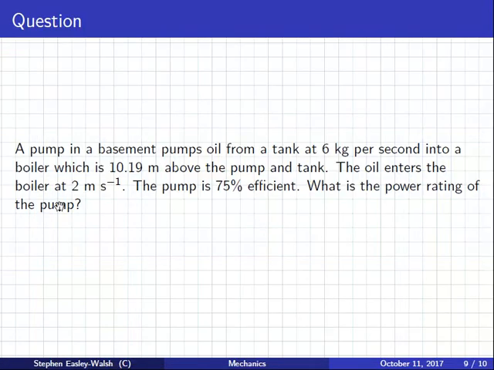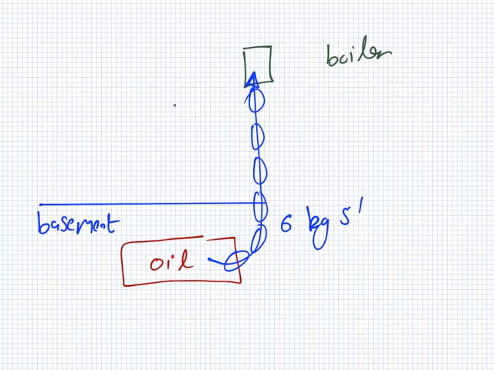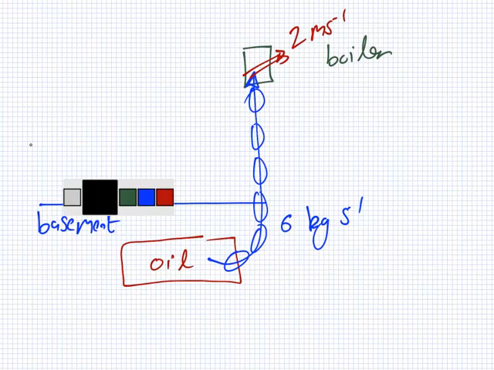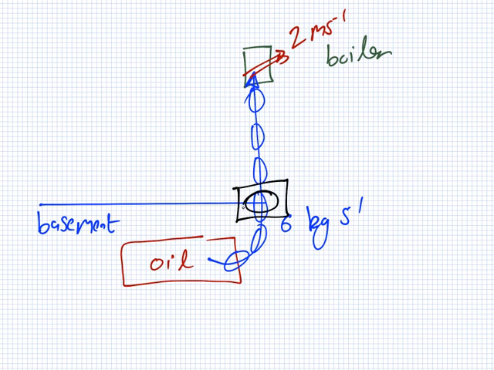The oil enters the boiler at 2 meters per second; that's how quickly it's going into the boiler. And I also tell you that this pump is doing all the work. The pump is 75% efficient.